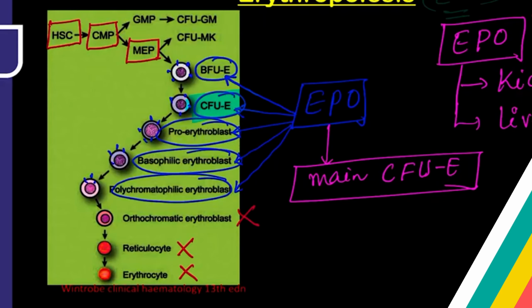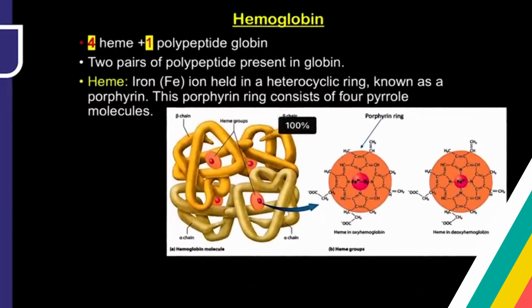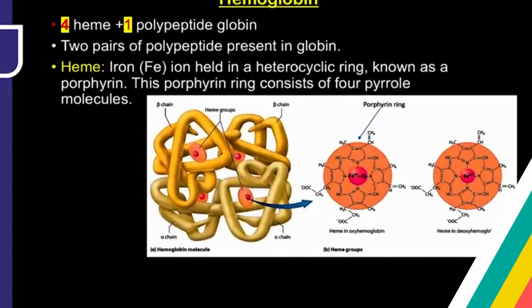Now inside the RBC, we are again and again talking about the hemoglobin. So if you look at the structure of the hemoglobin, this is very simple. All of you know that it is composed of 4 heme and globin chain. 2 alpha, 2 beta globin chain is present in adult hemoglobin. Remember, the combination of these 2 alpha, 2 beta, means 4 globin chains as a whole, is known as polypeptide globin.